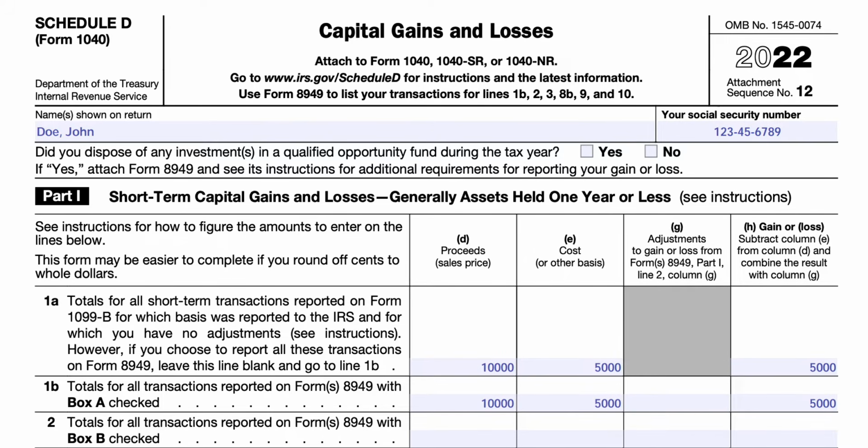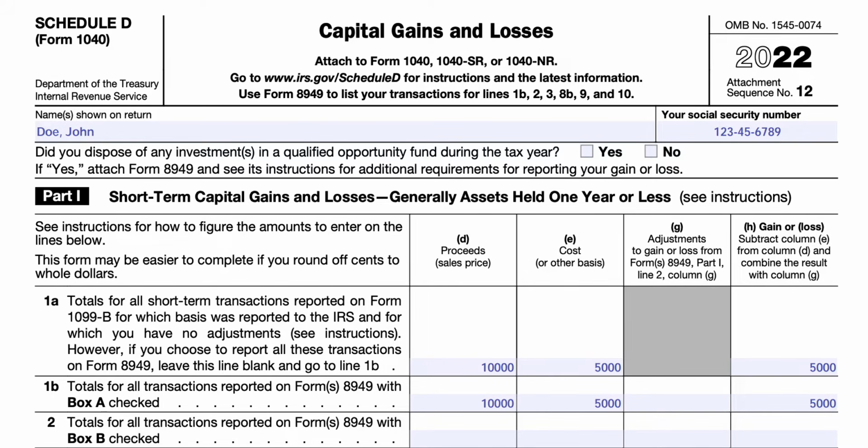You may need to file other forms when you file Schedule D. So if you had involuntary conversions, for example, of property, either because of a casualty like a natural disaster, or if something was stolen, then you would report that on IRS Form 4684.